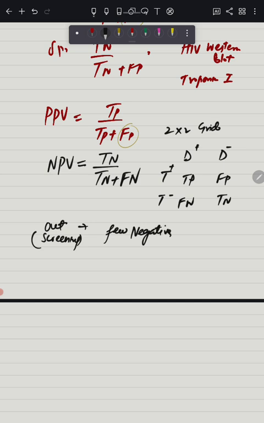Whereas if you want to rule in a disease, that is you want a confirmatory test, you should prefer a test with high specificity, that is, few false positive cases. So here few false negatives, few false positives.